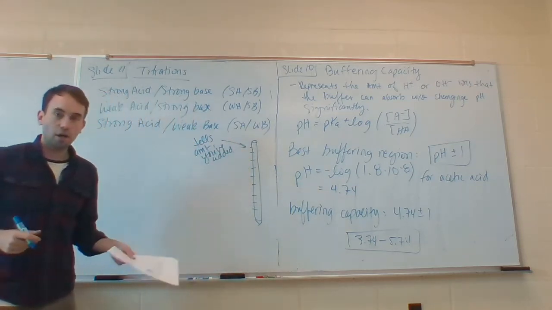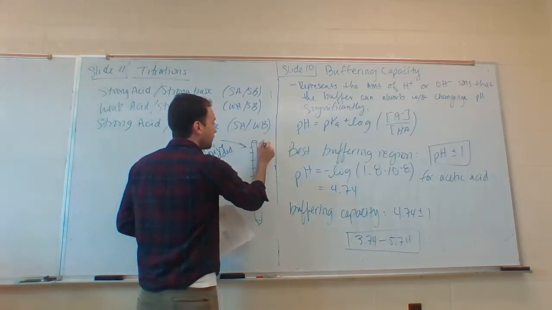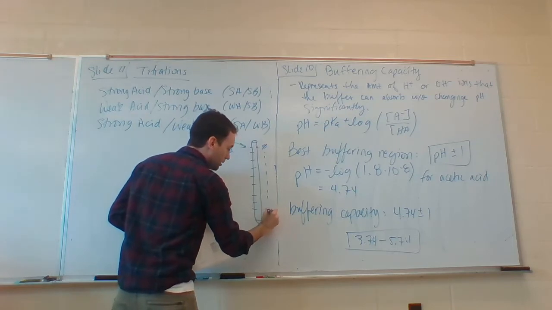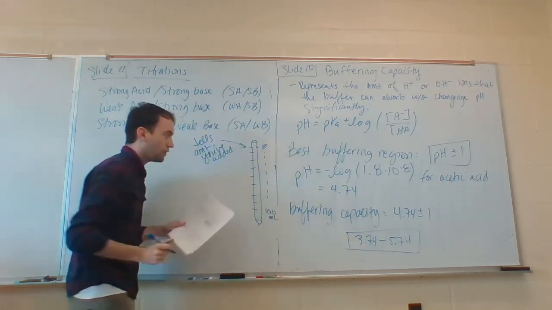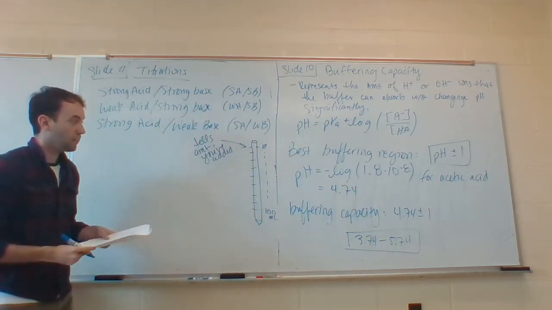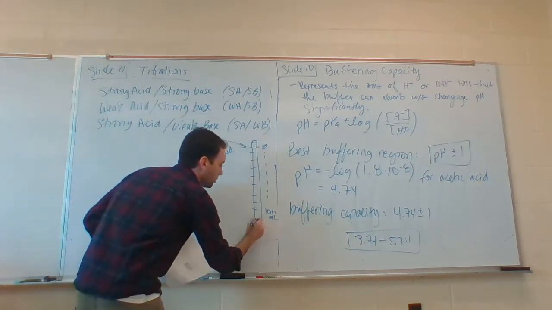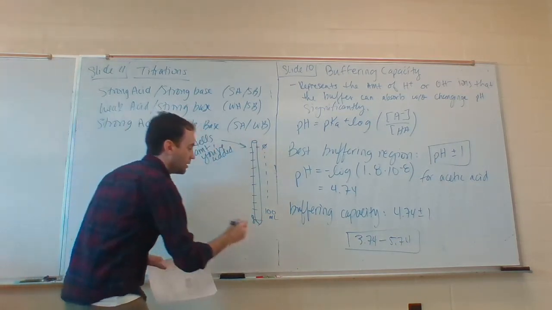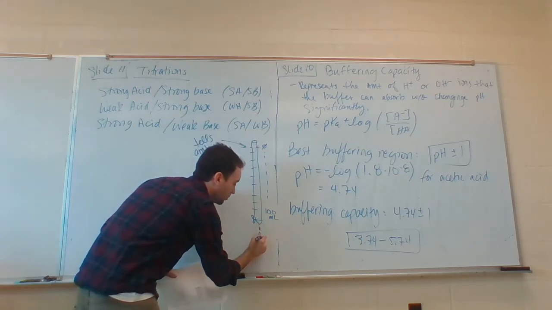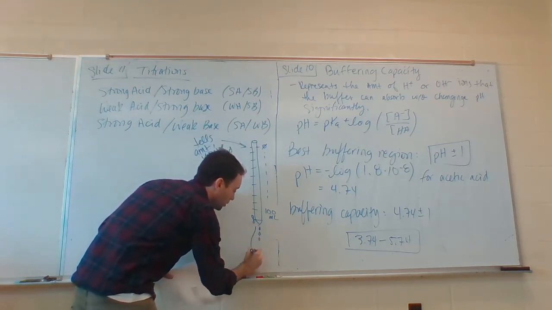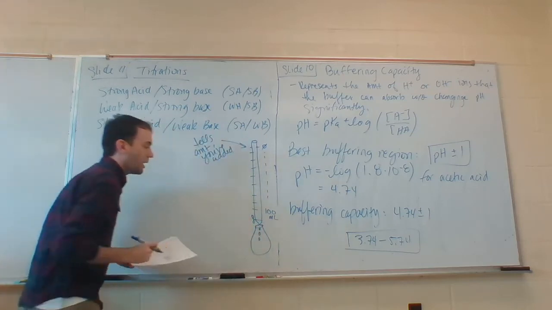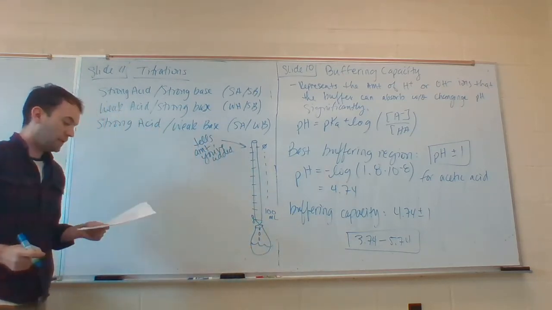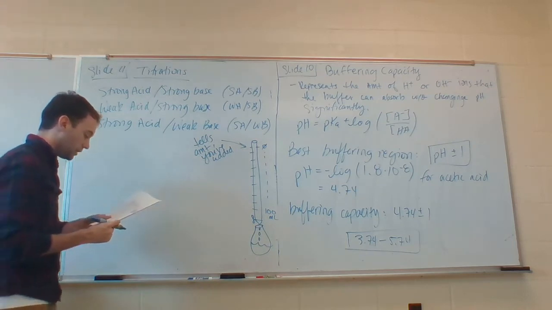So the readings on it start off low at 0 and then increase for the amount that you've added, okay? So there's usually a little valve down here, and then it allows you to drip into a sample to analyze your pH at the bottom, okay?